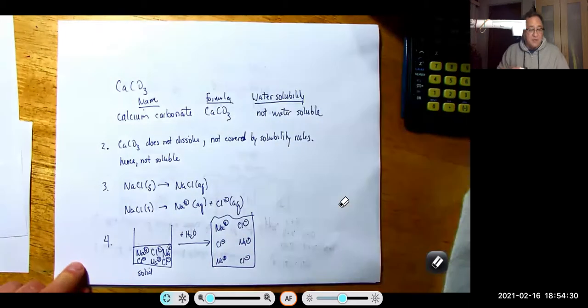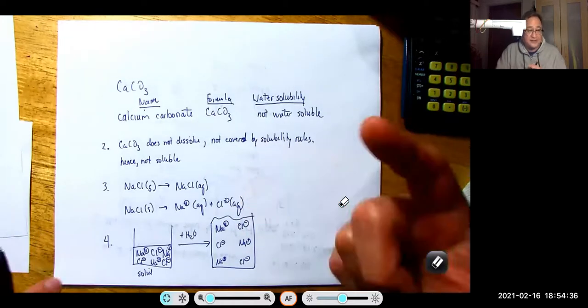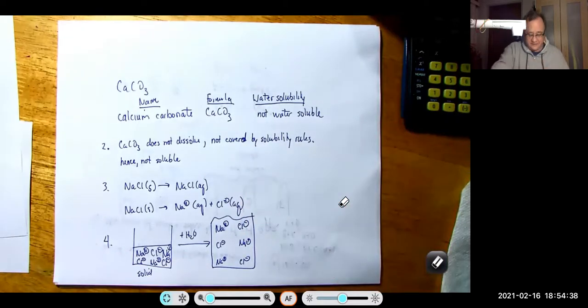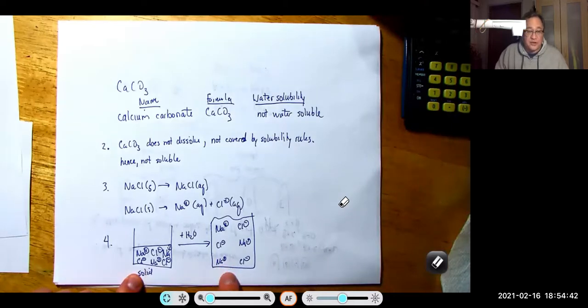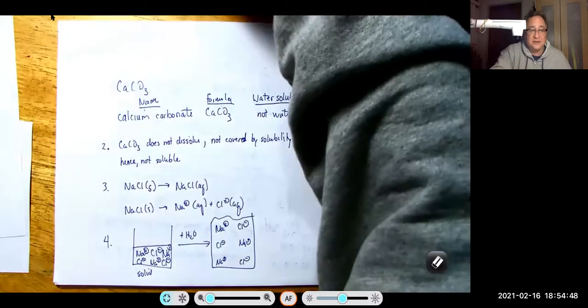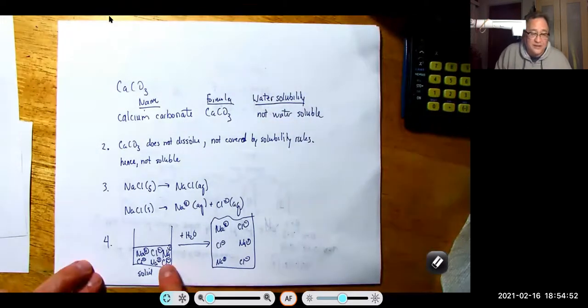So I'm going to give you a moment to catch up on those. Number 3 asks you write down them dissolving in 2 different ways. And number 4 was draw a drawing of what happens when it dissolves. And number 4 says only do this for one of the ones that dissolves. You don't need to do it for all of them, just one of them.